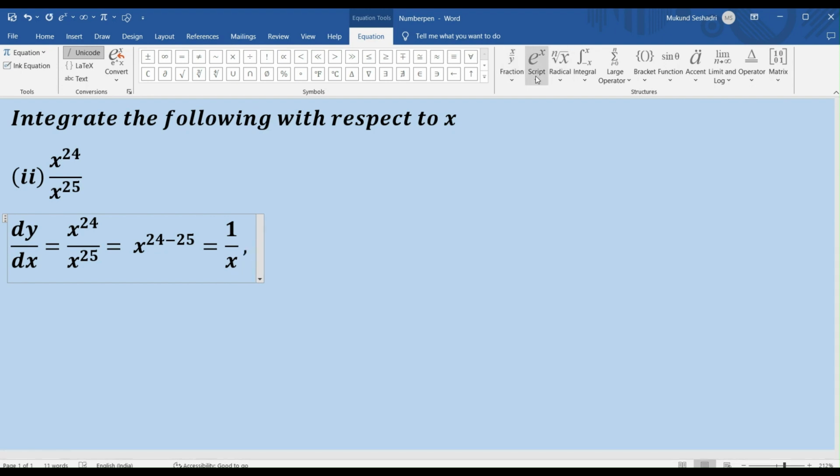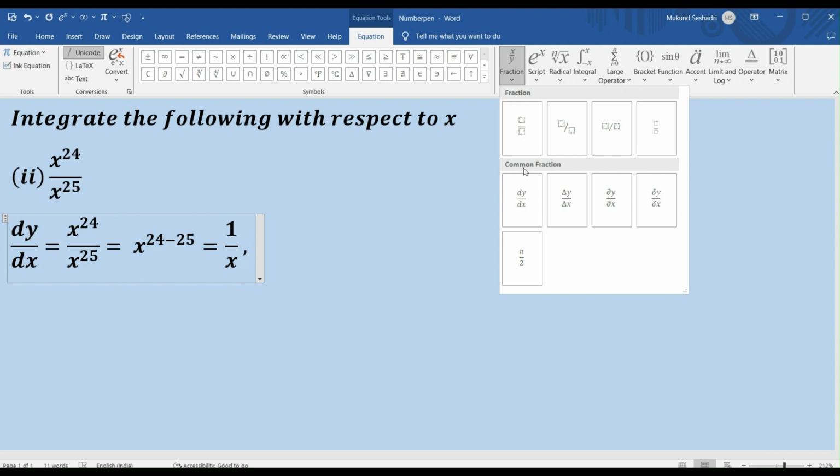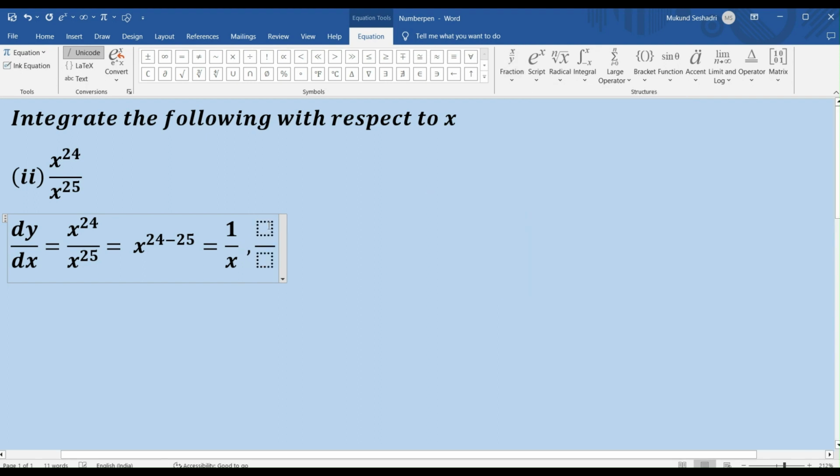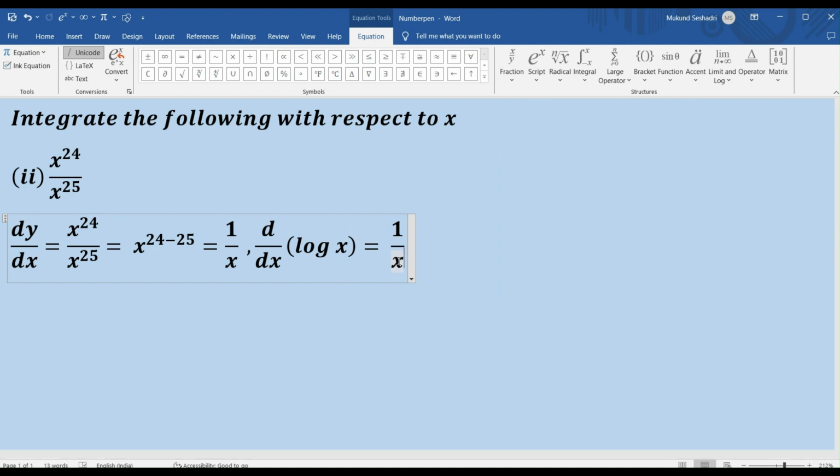Why is that? Because d by dx of log x equals 1 by x, and therefore one answer to this particular problem could be log x.